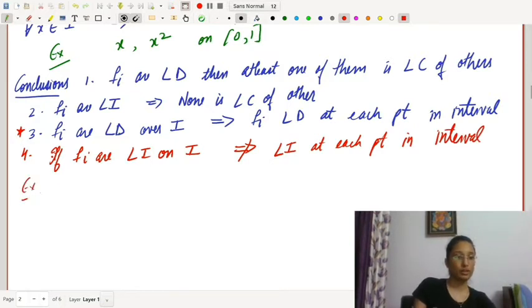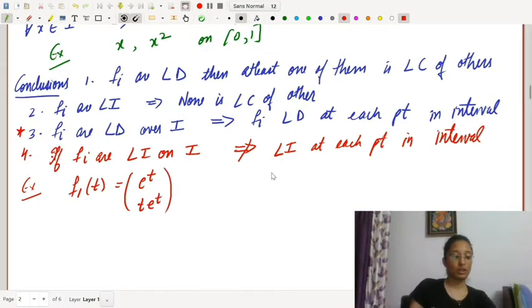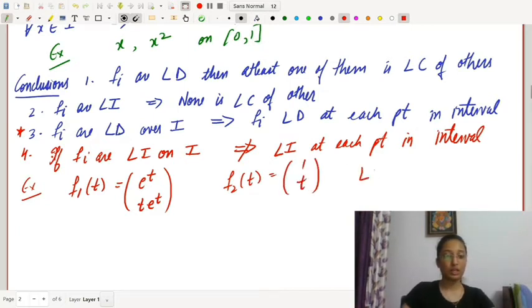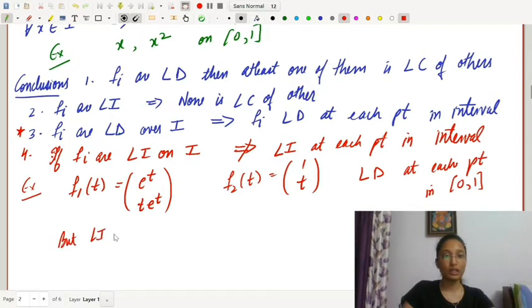For example, if we take f1 of t equal to e raised to power t and f2 of t as t e raised to power t, they are linearly dependent at each point in 0, 1, but they are linearly independent over the interval 0, 1.